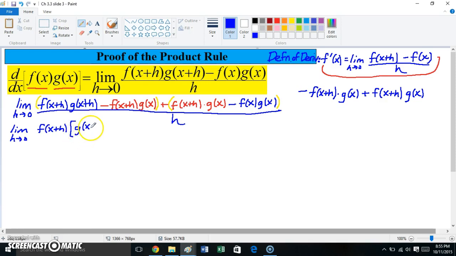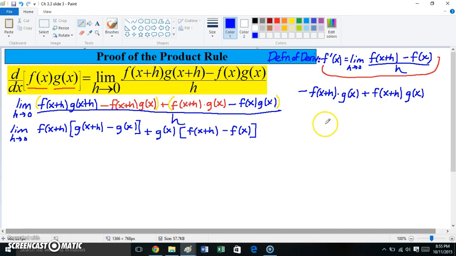Left behind is g of x plus h minus g of x. Factoring the second two terms, we'll pull out a g of x. And the factor remaining is f of x plus h minus f of x. Now, all of this is over h.